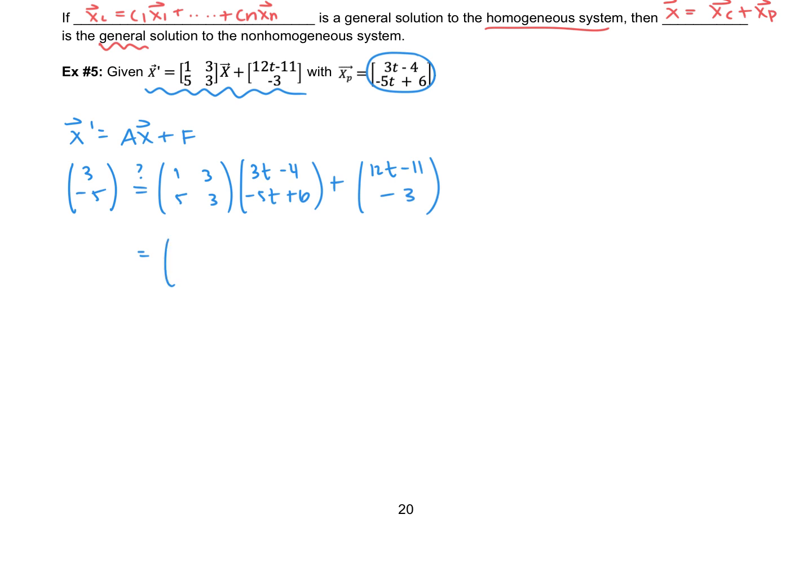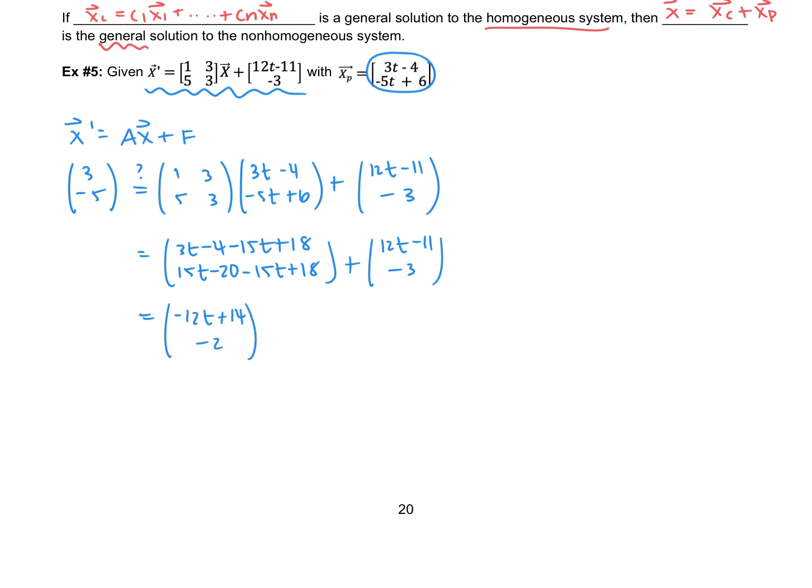So if I multiply here, I'm going to get 3t subtract 4, subtract 15t, add 18, and then 15t subtract 20, subtract 15t, add 18, and I'm adding to that the (12t - 11, -3). So that first matrix simplifies to (-12t + 14, -2).